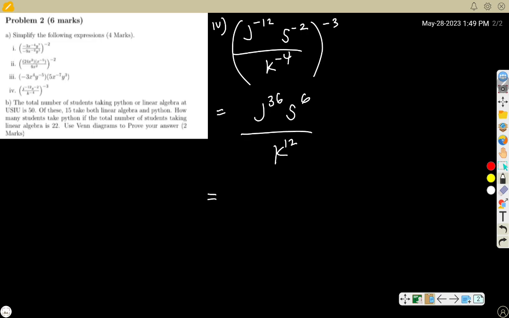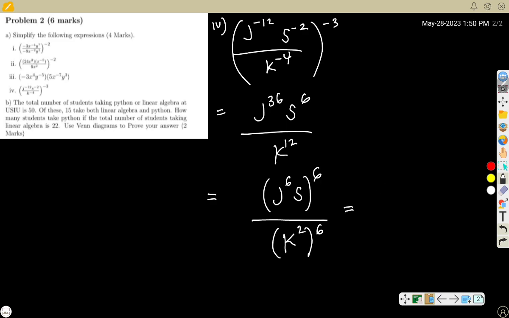So here 6 is common to that power at the numerator. So this will be j raised to power 6, times s raised to power 6, everything raised to power 6, because 6 times 6 is 36, and this power is 1, 6 times 1 is 6, over k raised to power 6, k raised to power 2, then everything raised to power 6.